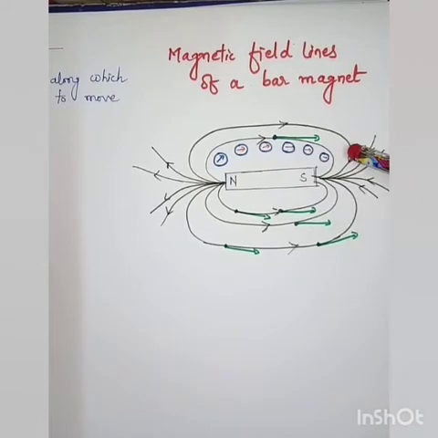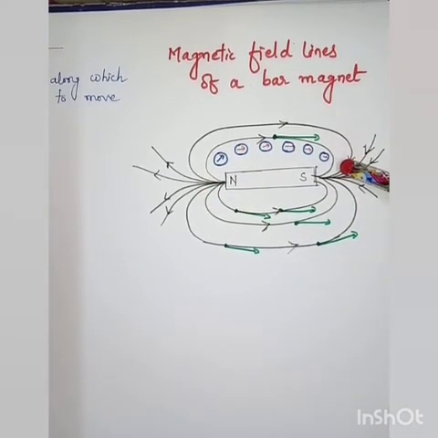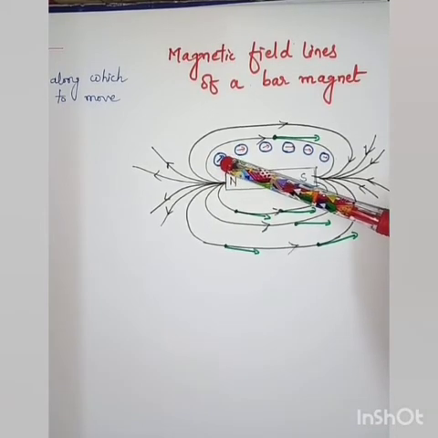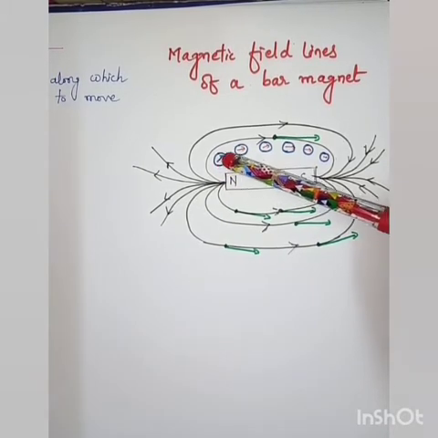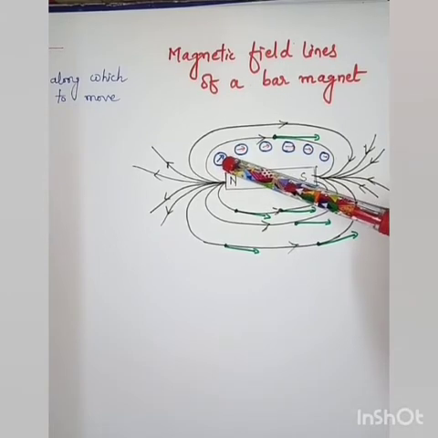These curved lines actually represent the direction of the magnetic field, or you can say they represent the path of the magnetic poles. For this you can also use a compass needle. If you keep a compass needle, with the pointer showing the north direction, you will observe that the pointer points in this direction, that is the direction of the field line.